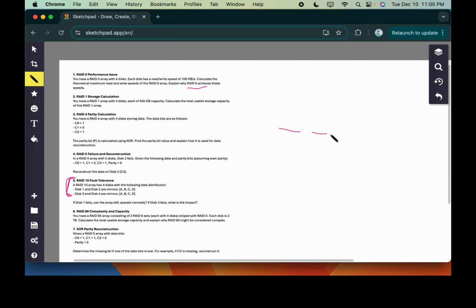So there's 4 disks, and you're going to be doing a mirror here, a mirror here. So this is 1, this is 1. You start with the inside and then you go outside. These are joined together by a 0.